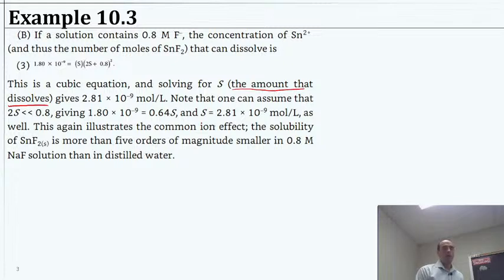So at the end of the day, the amount that dissolves is 2.81 times 10 to the minus 9 moles per liter. Comparing that to what dissolved when there wasn't any NaF in solution, we were at 10 to the minus fourth or fifth. This is quite a big difference, right? So that's the common ion effect in practice. Apart from my muddling my way through that, does that make some sense?